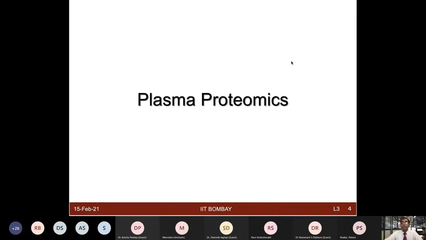Plasma proteomics is one of the most sought-after technologies and methods for doing proteomics, given that plasma represents a lot of protein leaching from all types of tissue into the blood, and it is very easily accessible from the blood. It is most commonly used for all kinds of biochemical parameter measurements in clinical settings. So even a small volume of leftover plasma can give us a lot of insight about a disease at the proteome level.